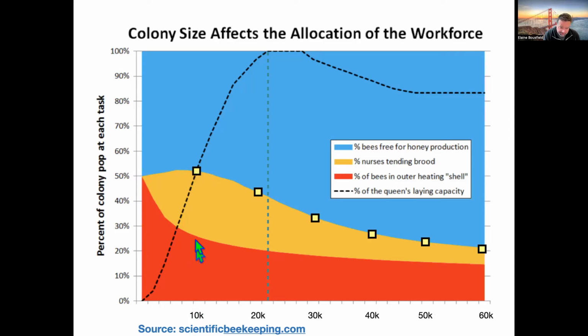So as the population grows, she can lay more and more eggs, until you hit a point of around 22,000 bees, just over a box of bees, she's able to then lay at her maximum rate.